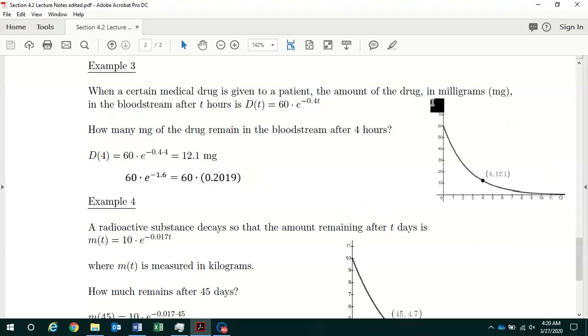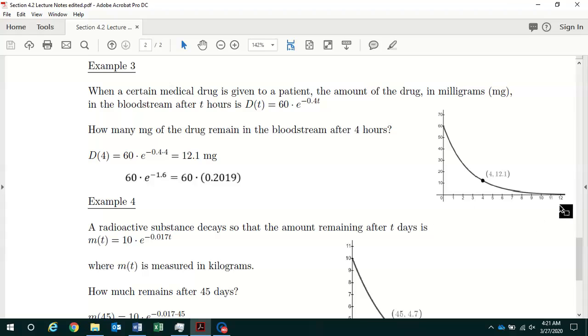Over here on the right is the graph of this function, D of t equals 60 times e to the minus 0.4 t power, and you can see that the function is decreasing. It's only graphed in the first quadrant of the coordinate plane, right?